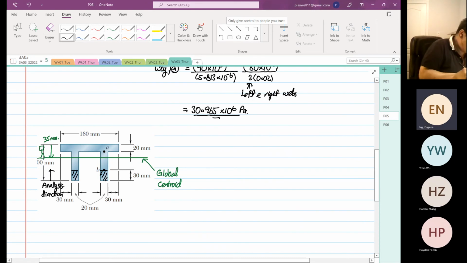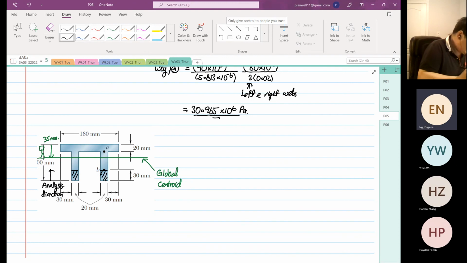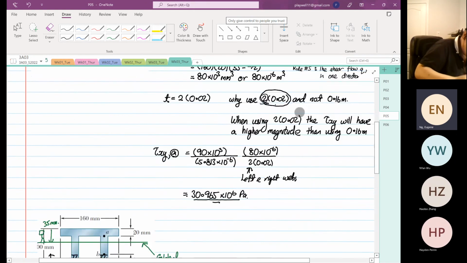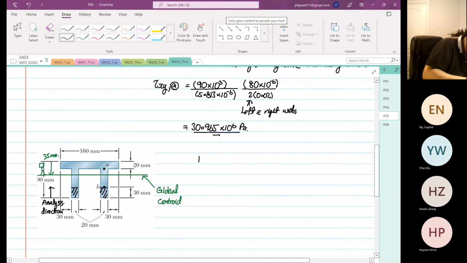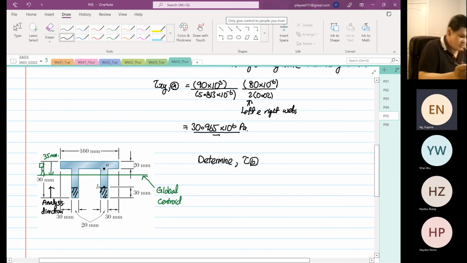Now we are going to determine our Qz at point B, because what we are solving now is the shear stress at point B. So Qz at point B will be width, depth multiplied by y bar.